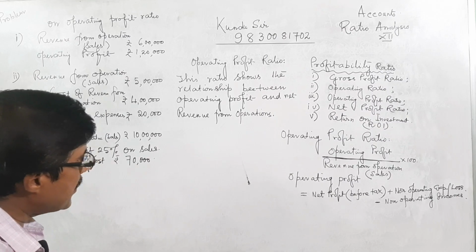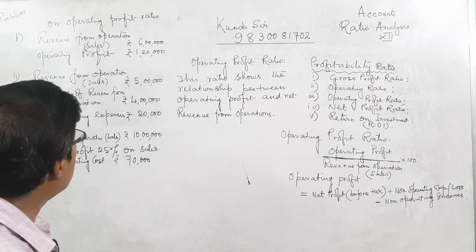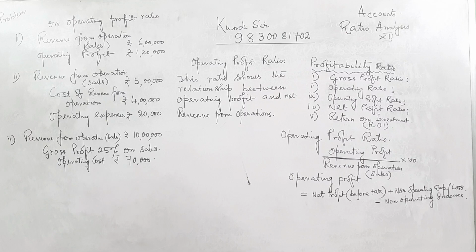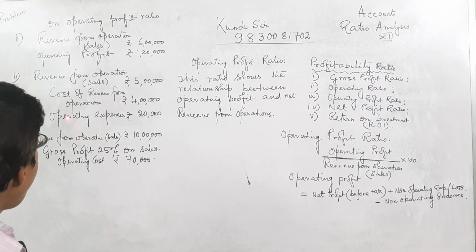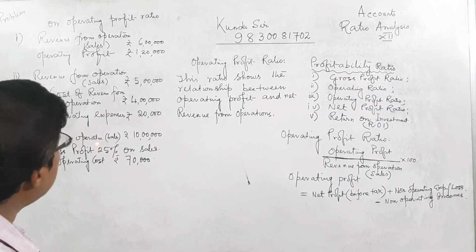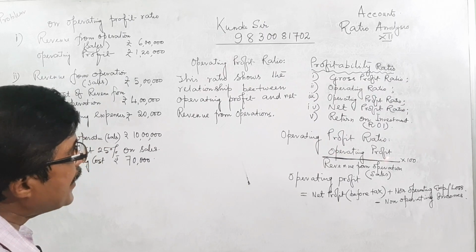Gross profit minus cost of operation or cost of goods sold, then we will get gross profit. From the gross profit, if we deduct the operating expenses, then we will get what? Operating profit.